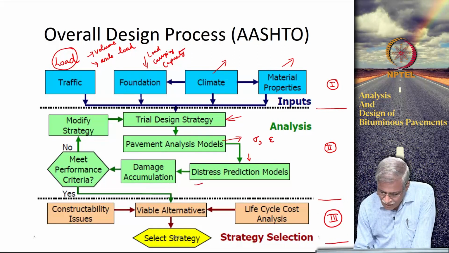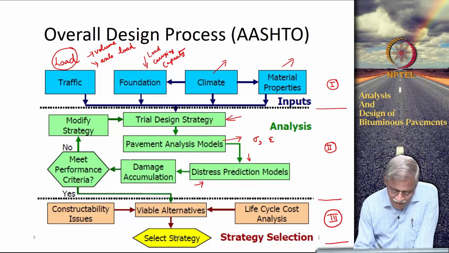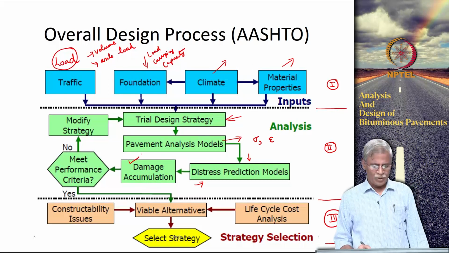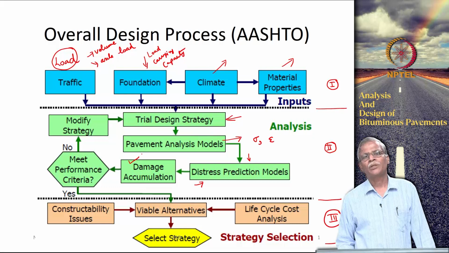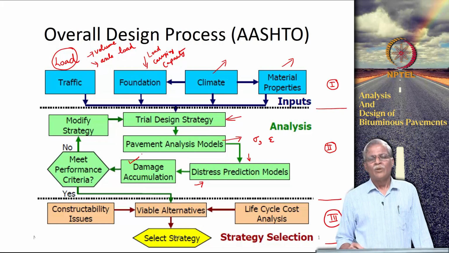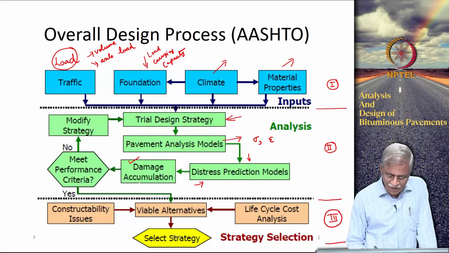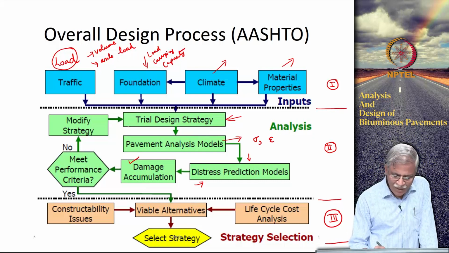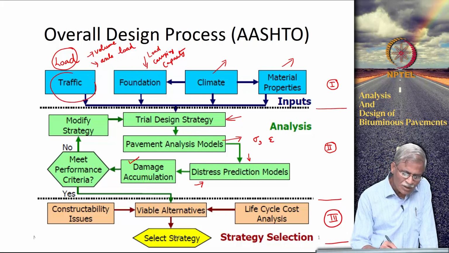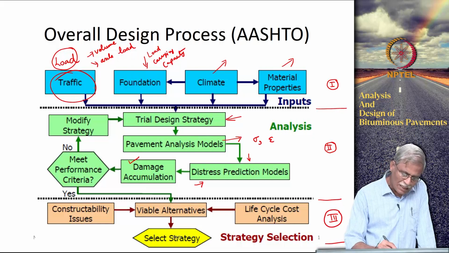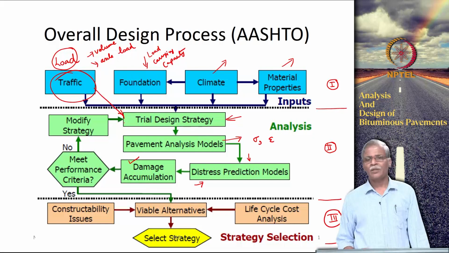This comes under the distress prediction model, and then finally we do the damage accumulation. When you do the damage accumulation, you are checking against the estimates that you made in your traffic with the trial design that you have taken.